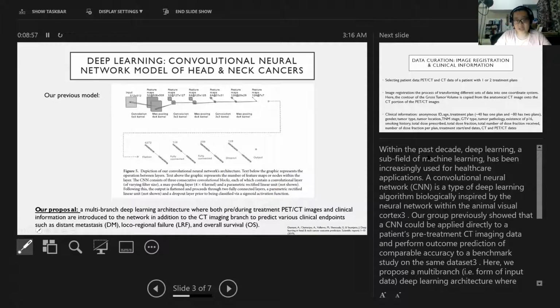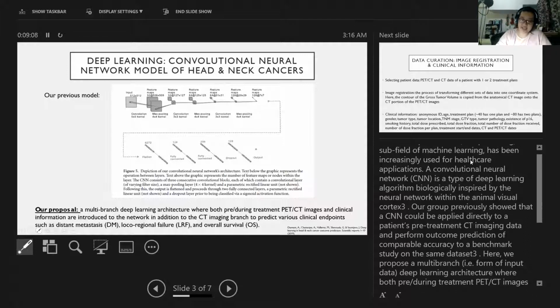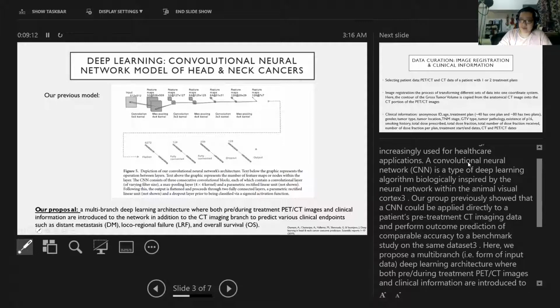Within the past decade, deep learning, which is a subfield of machine learning, has been increasingly used for healthcare applications. A convolutional neural network, CNN, is a type of deep learning algorithm biologically inspired by the neural network within the animal visual cortex.